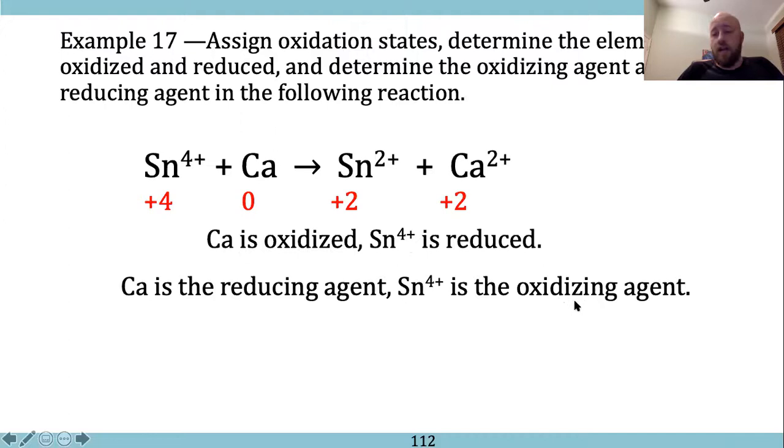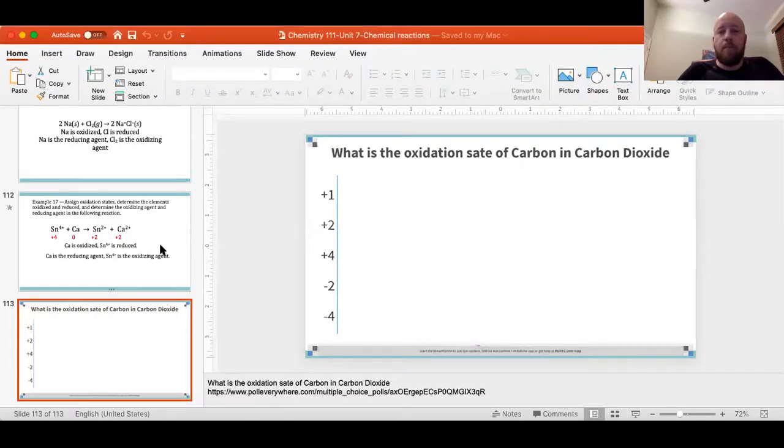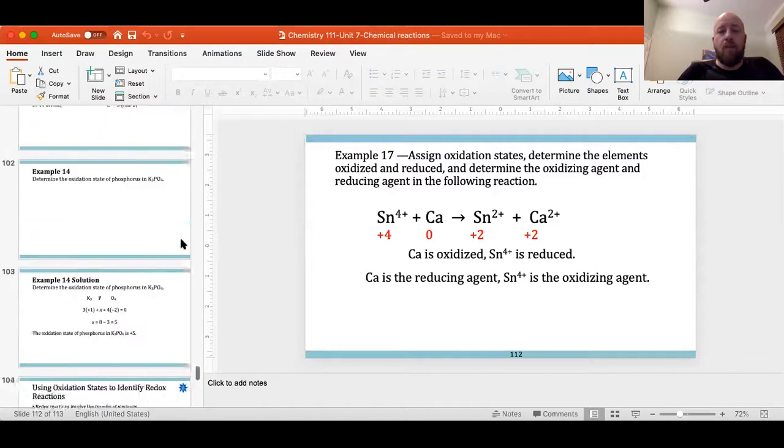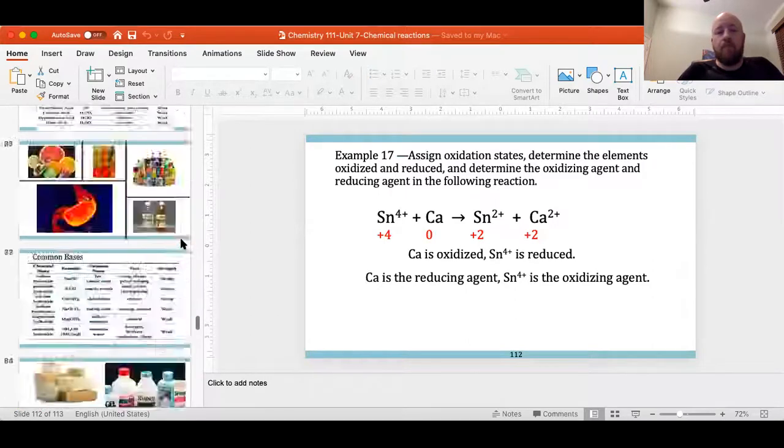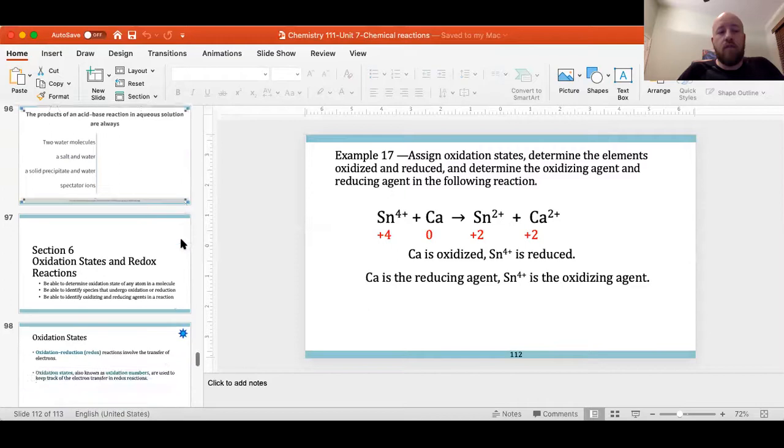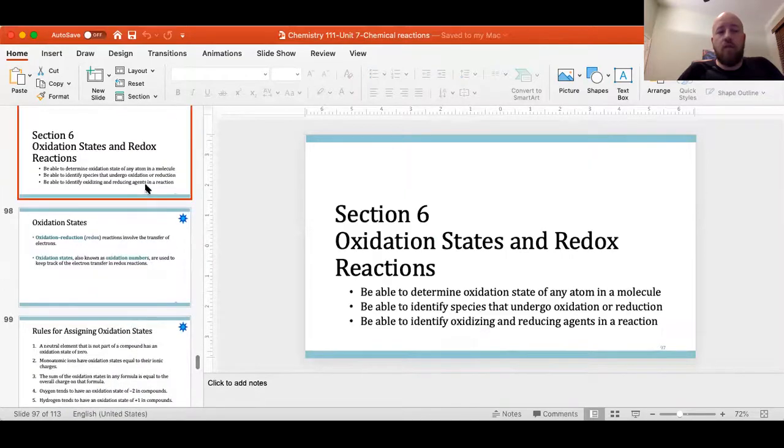What is the oxidizing agent? Like I said, those three things are really what you want to be able to do. Again, some of this should have been refreshed from the nomenclature material.